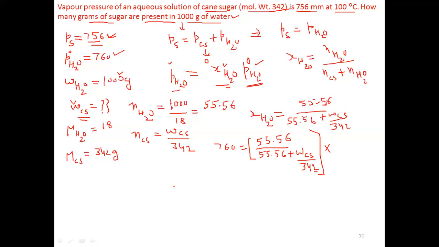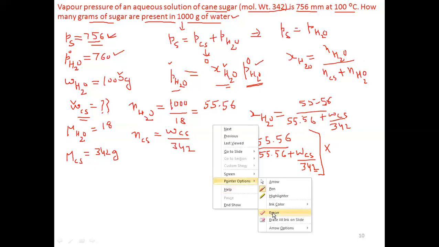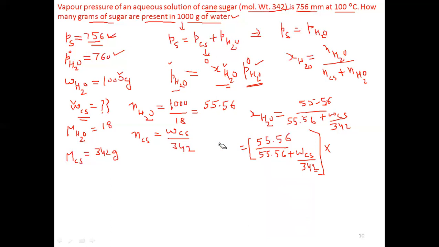Sorry, I have written it reversed here. We need P water, and P water is 756. So please let me correct it. Now here we need P water. P water is this, because of P solution it is 756, and the vapor pressure of pure water is 760. Now it is correct.